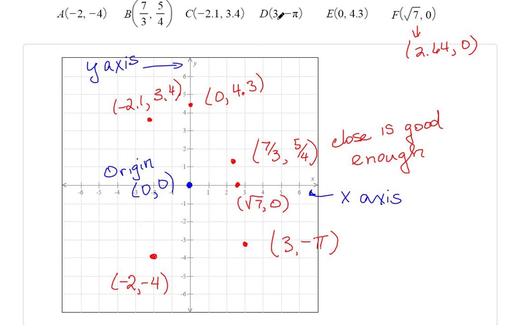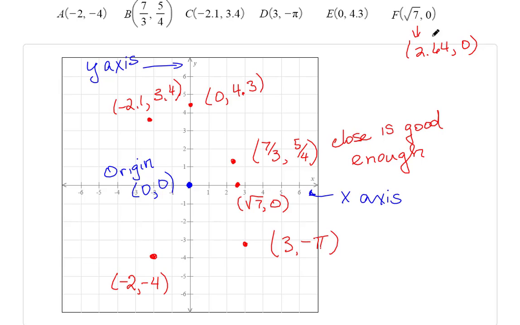D is 3, -pi. Let's go over 3 and -pi. Pi is about 3.14 and it's a negative, so down there. Then 0 and 4.3. All right, 0 and up 4.3.